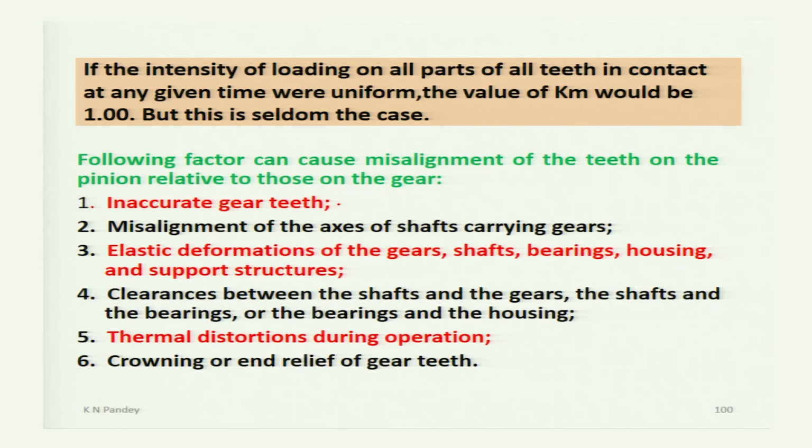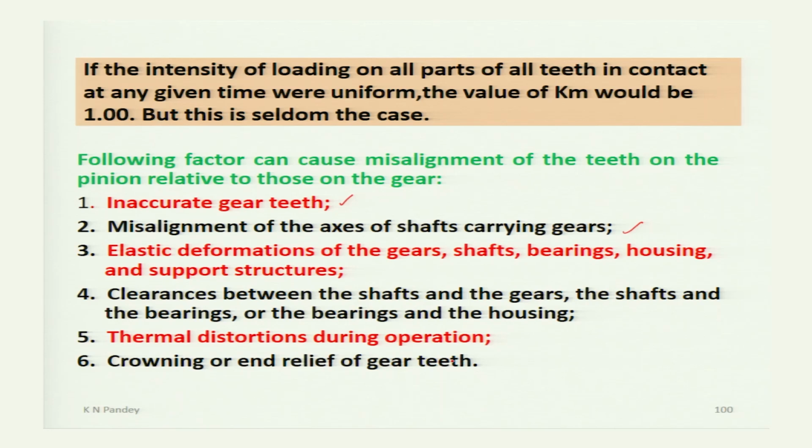First, inaccurate gear teeth, misalignment of the axes of shafts carrying gears, elastic deformations of the gear, shaft, bearings, housing and support structures, clearances between the shafts and the gears, the shafts and the bearings and the housing, thermal distortions due to operation, crowning or end relief of gear tooth.